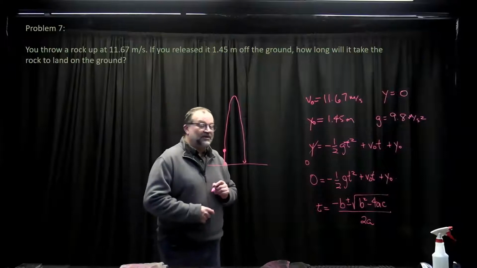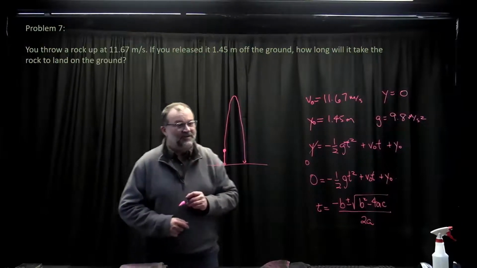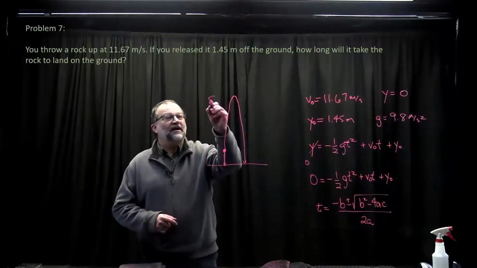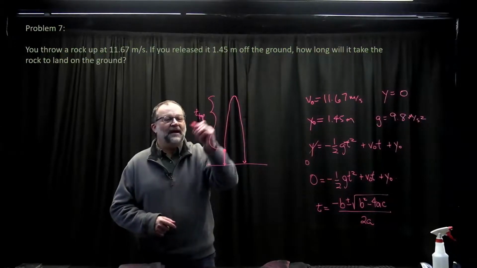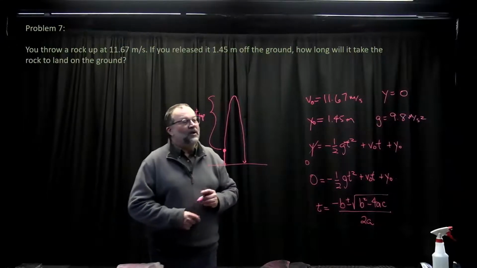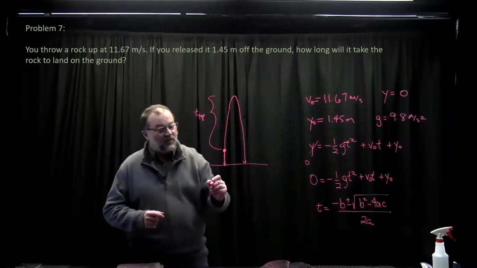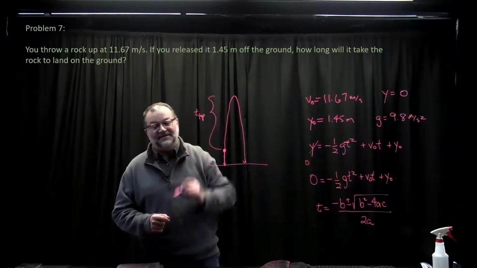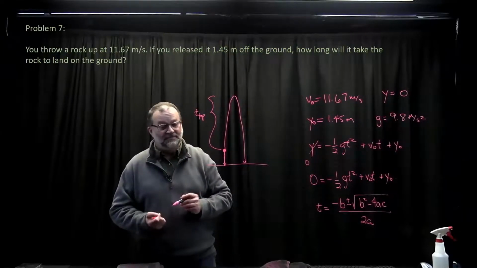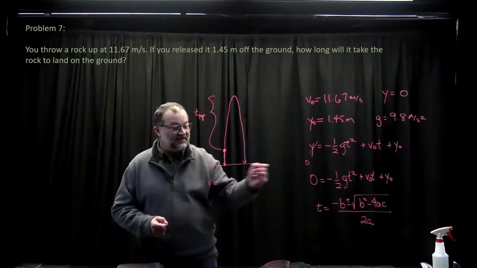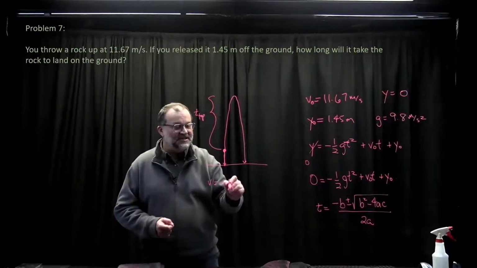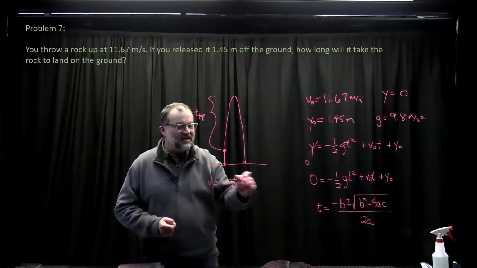The other way to look at this problem is very simple. First, let's figure out how long it takes to get to the top. That's pretty straightforward. What's its velocity at the top? 0. And we know velocity is, in this case, minus g t plus initial velocity.